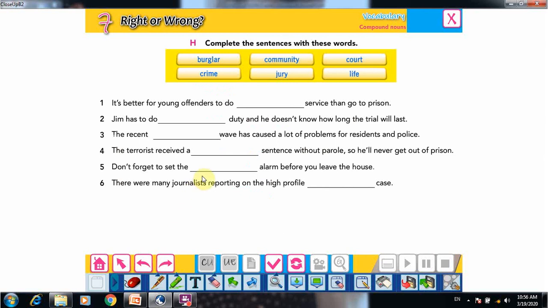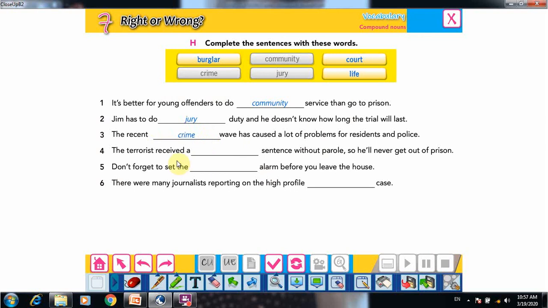Now let's go to the final exercise. Complete the sentence with these words. It's better for a young offender to do community service, try to guess, than go to prison. So it's community service. Jim has to do jury duty. He doesn't know how long the trial will last. So it's jury duty. The recent crime wave has caused a lot of problems for residents and police.